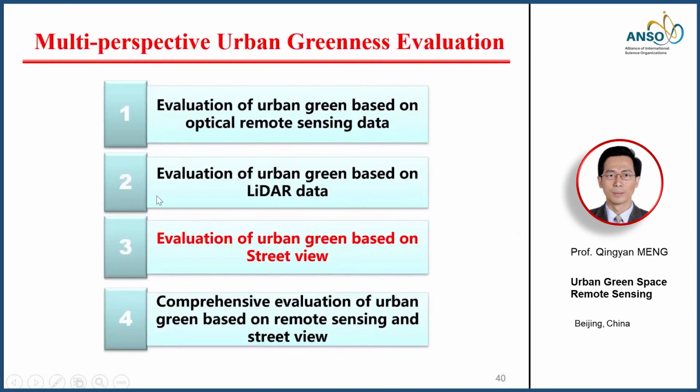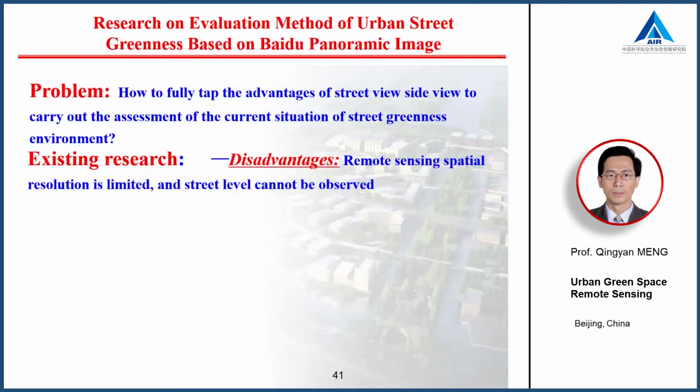Okay, I have introduced how to evaluate the urban green space when we have LiDAR data. Then we use street view to develop the evaluation. How to make good use of the street view map images?